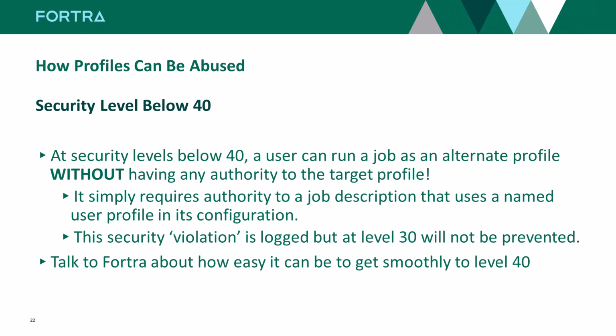They will be allowed to run that submit job command because they have command line authority. They'll be able to specify that job D, and that job D user is the user profile to run the job under. Again, this allows them to acquire or have access to elevated authorities that are not intended. At level 40, these things are prevented.